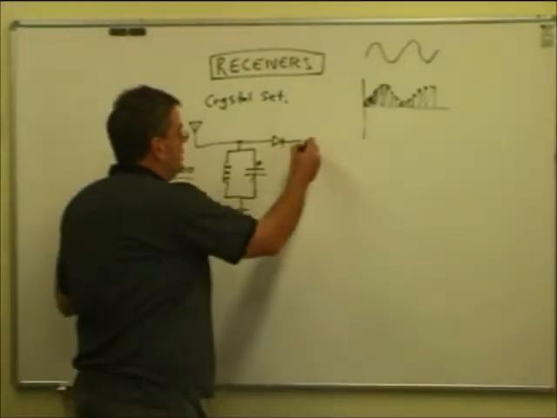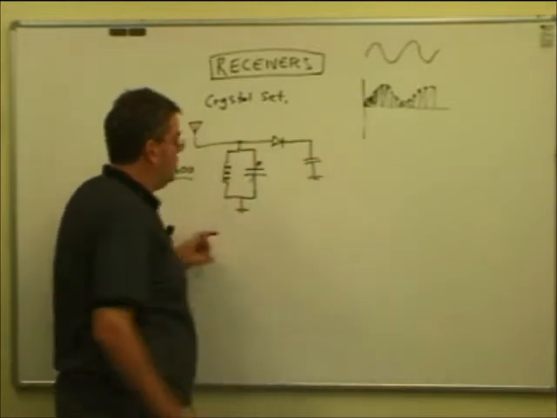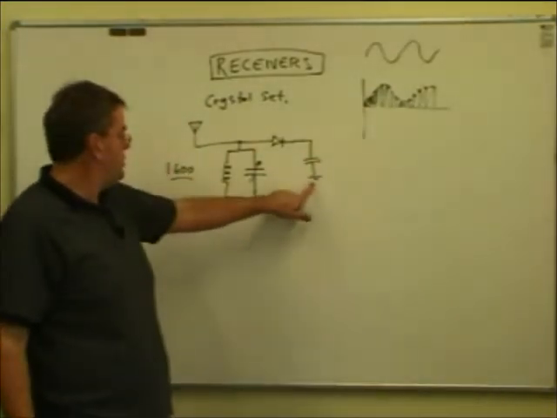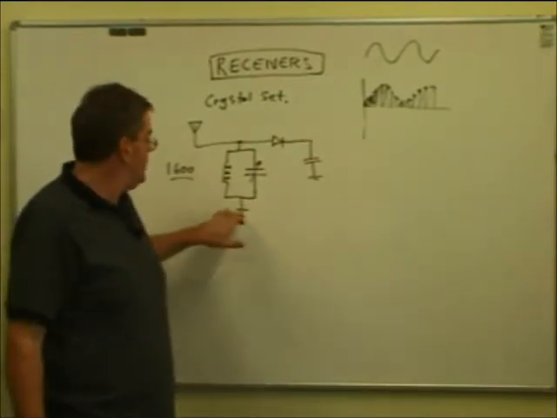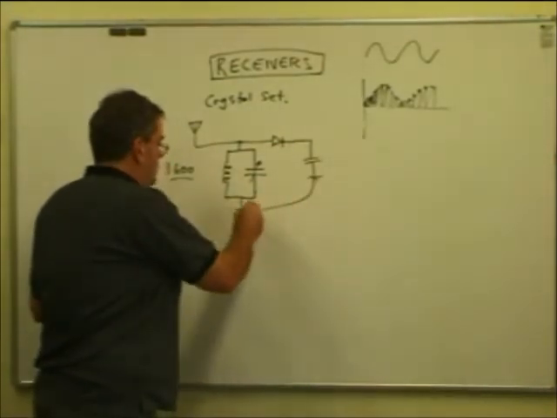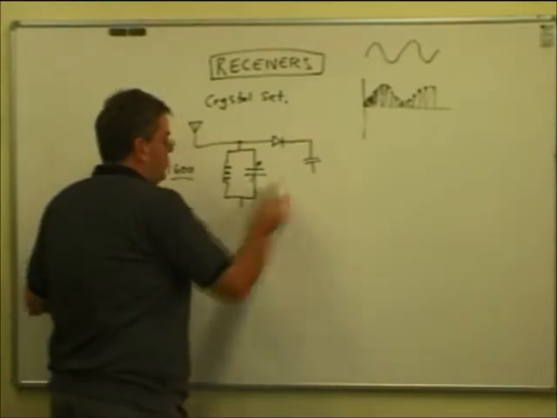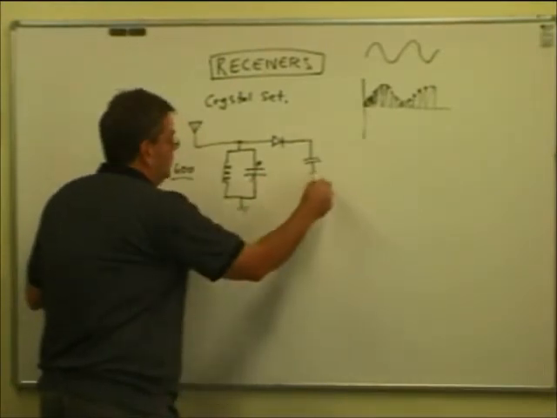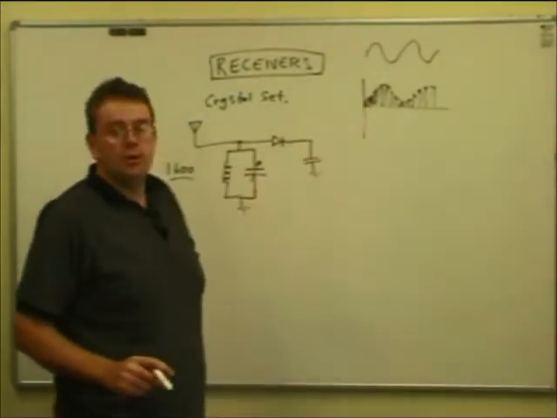And what we do is put a fairly small capacitor to ground. Now, the fact that we've gone to ground here means that symbol means ground. It can be the metal box that perhaps we build this thing in, and these two points are attached together by wire and connected to the ground. So that symbol means that they're connected to the same thing, which is the ground. What that capacitor does there is it charges up between bursts of carrier.